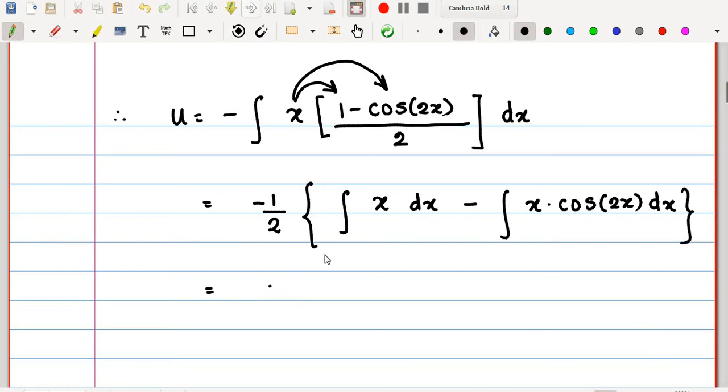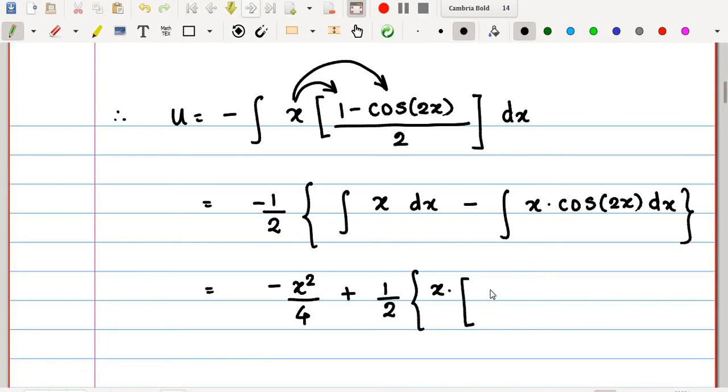So the first integration of x will be x squared upon 2 into 1 by 2, minus, minus, plus. So this will be 1 upon 2 times. Now we evaluate this integration by using the integration by parts formula. First function as it is into integration of second.